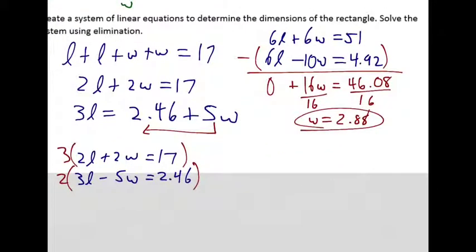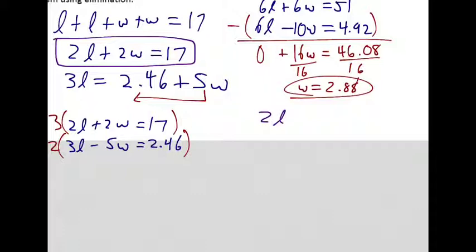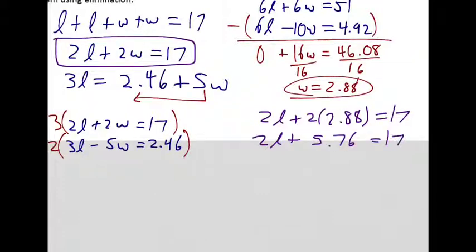Let's find that length. Let's just use this equation here to find the length. So 2L plus 2 times 2.88 equals 17. That is 5.76.